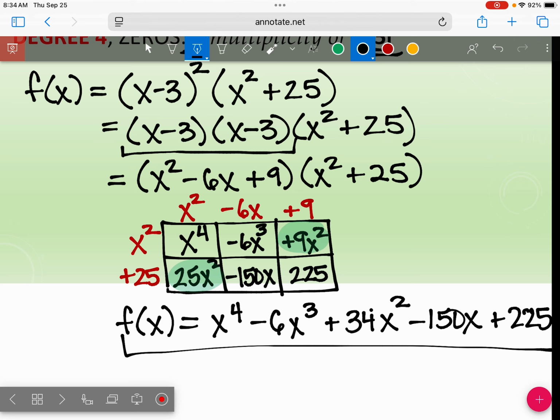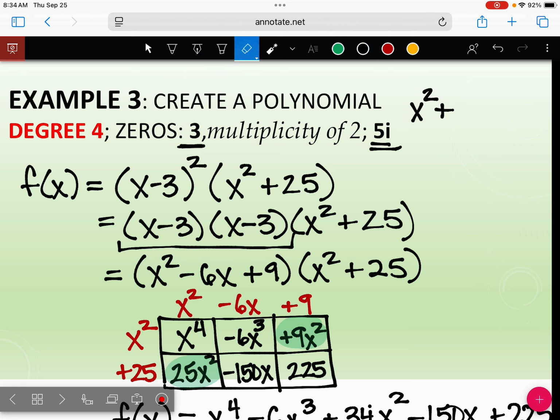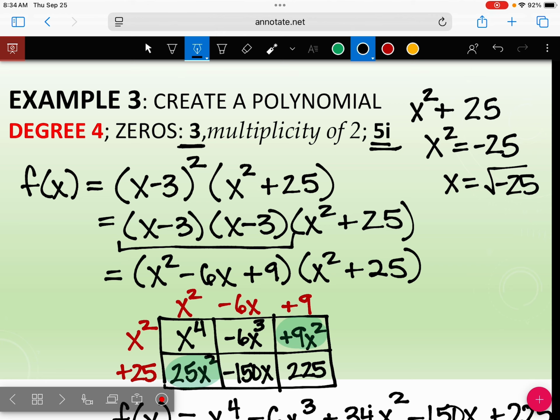So the only difference in 4, 7 is that we just have a lot more imaginary. Yes, Aaliyah? Okay, so we have to figure out, in order to get a 5i, the only way to get 5i is if I'm taking the square root of negative 25. If you take the square root of negative 25, so if we have x squared plus 25, that's the only way, because 5 times 5 is 25.